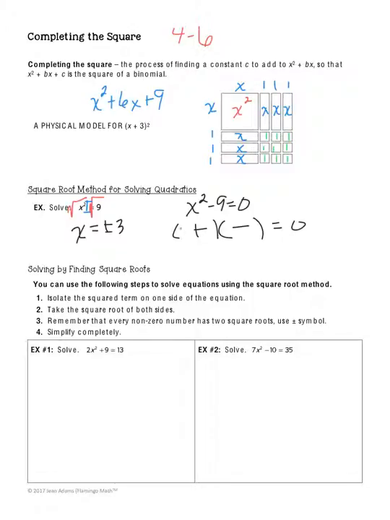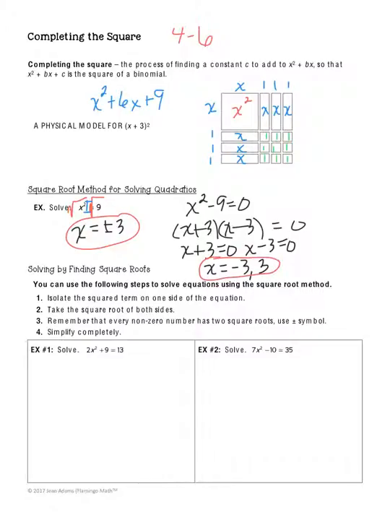The square root of x squared is x, and the square root of 9 is 3. And so then you would have set x plus 3 equal to 0, and x minus 3 equal to 0. And then to solve for x, you would have had negative 3 and positive 3. So both of these should give you the same answer, and they do.